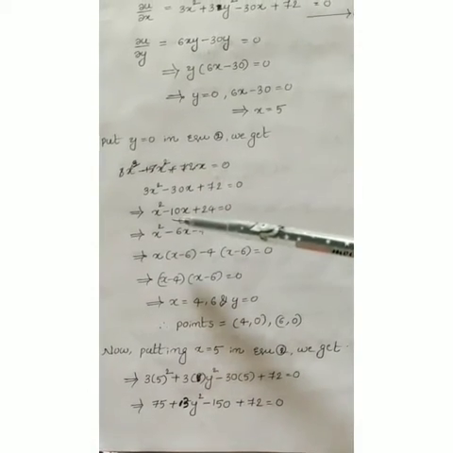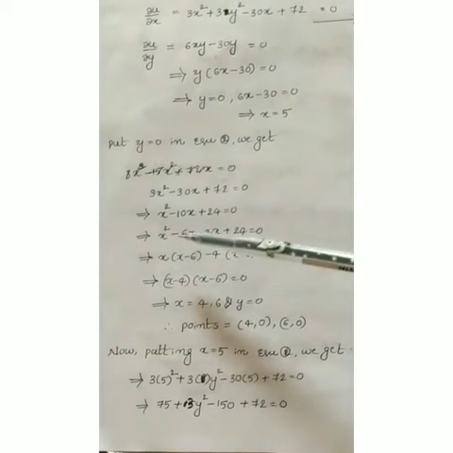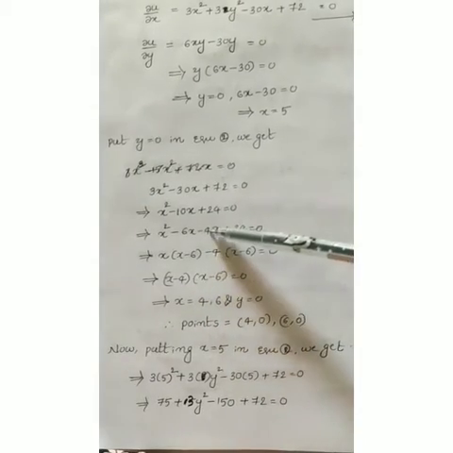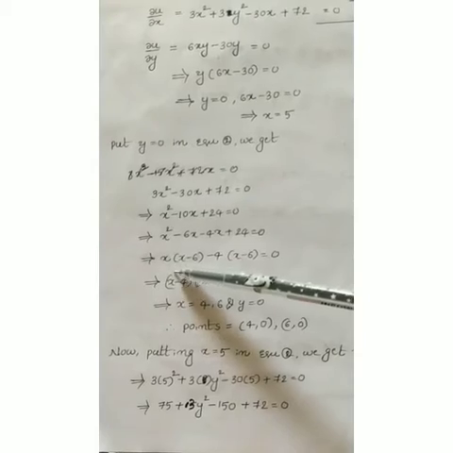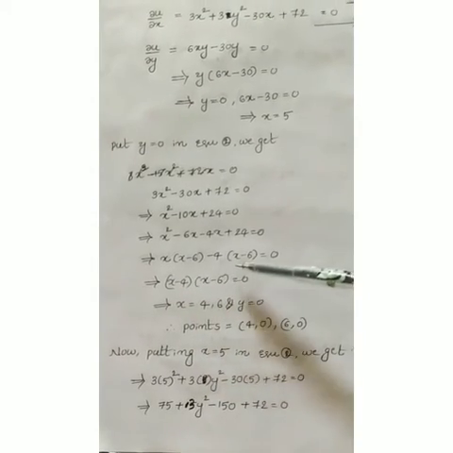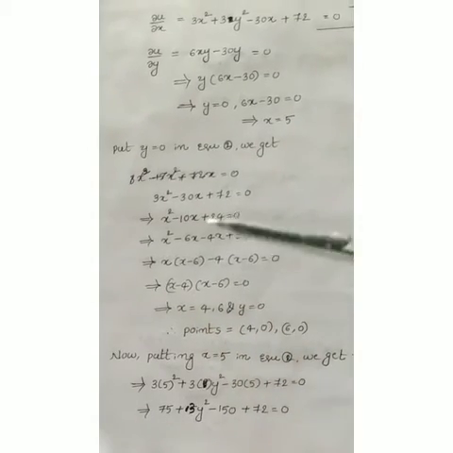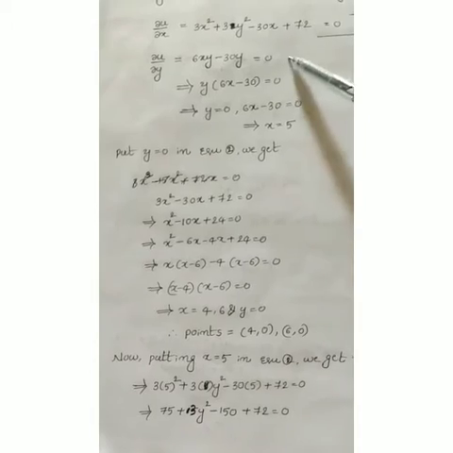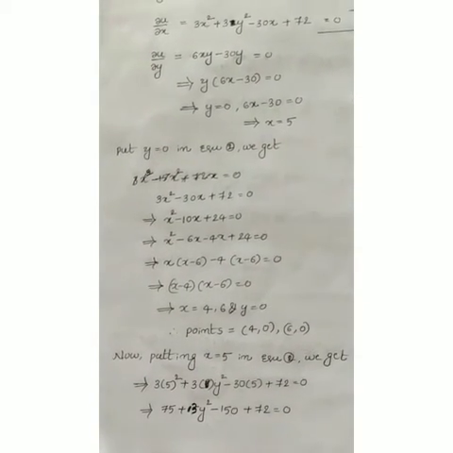Then x square minus 10x can be written as x square minus 6x minus 4x, since 6 into 4 is 24, plus 24 equal to 0. Taking x as common, x into x minus 6 minus 4 into x minus 6 equal to 0, that is x minus 4 into x minus 6 equal to 0. Then x equal to 4, 6, and here we get y equal to 0, that is 4 comma 0 and 6 comma 0.